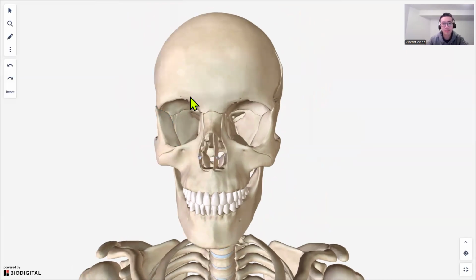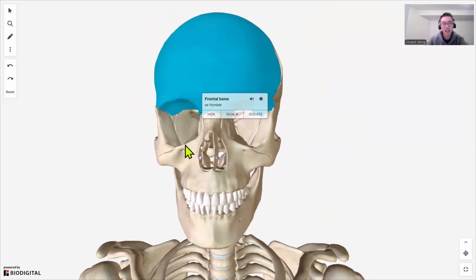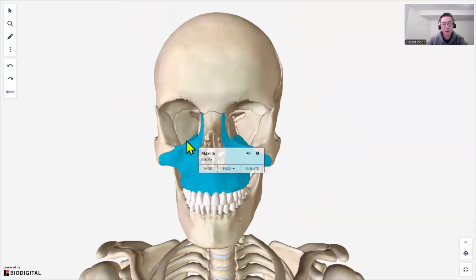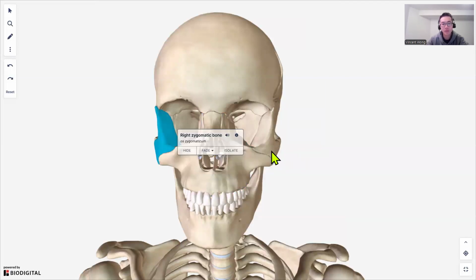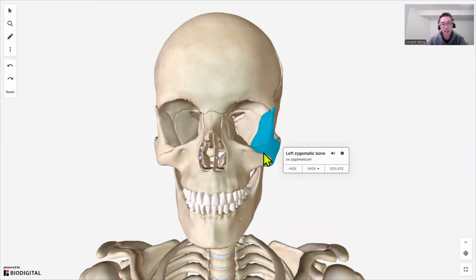Just one more time: frontal at the top of the eye socket, maxilla for the bottom and a bit of the side inside the eye socket, and then the zygomatic, which makes up your cheekbone. Some people have very prominent cheeks. That means they have a very prominent zygomatic bone.